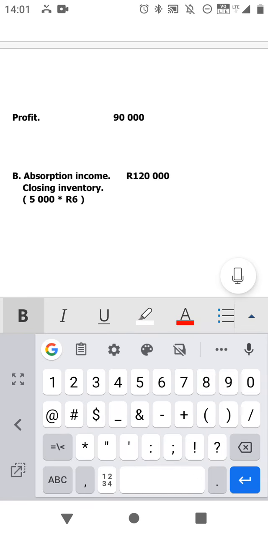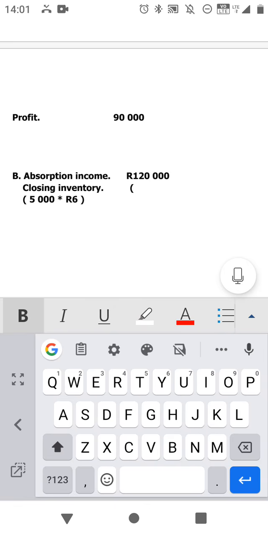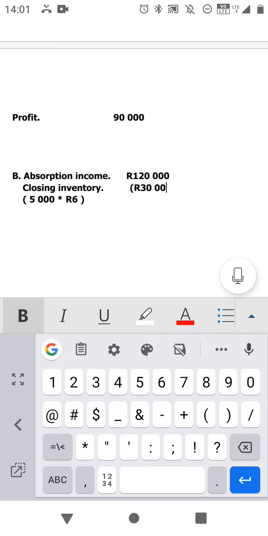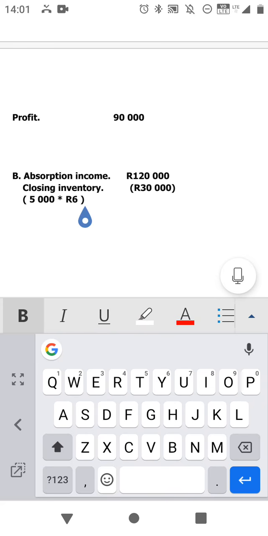Then now we have to take 120 of absorption minus 30,000.